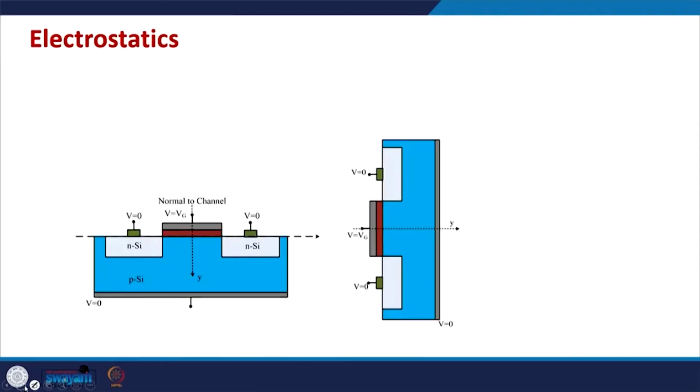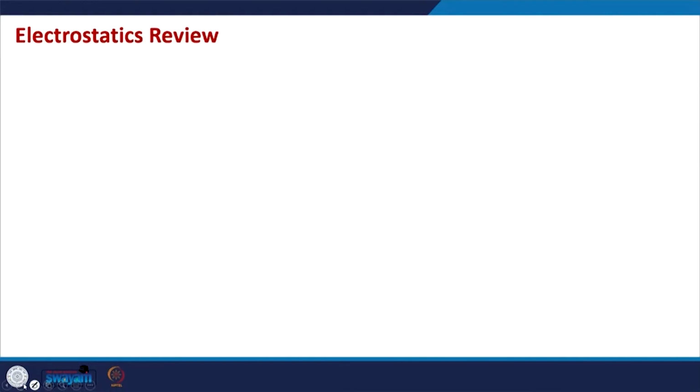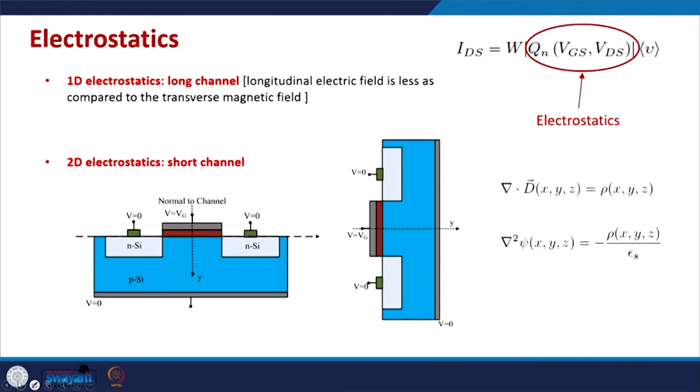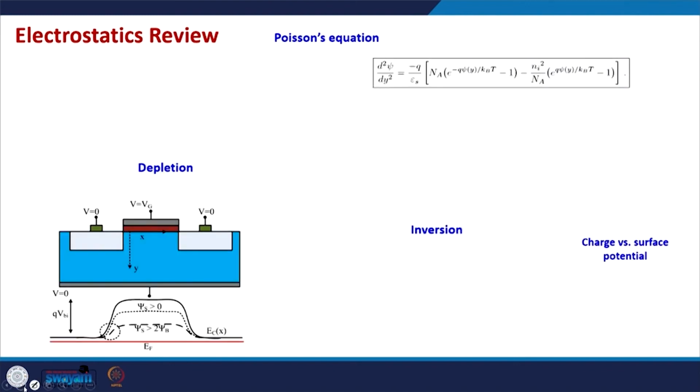Then we will also go through the electrostatics of MOSFETs, and as the MOSFETs are scaled down, we will see how the electrostatics change as well. The electrostatics is based on fundamental equations, and we will see how by applying these equations the electrostatics would change. Okay.